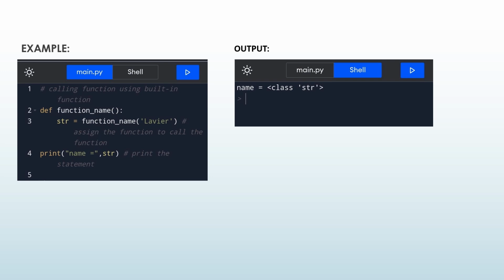When we look into this code, I forgot to call the function. If we call the function, we may get our desired output, name equal to Lavia, but the output is different. Hence, we can say that we can't achieve the desired output until the function is called.